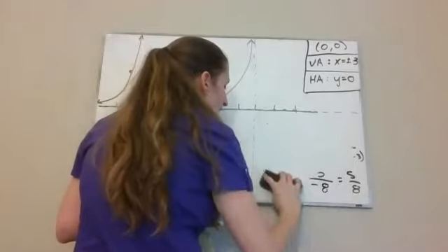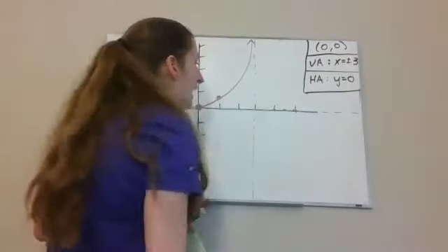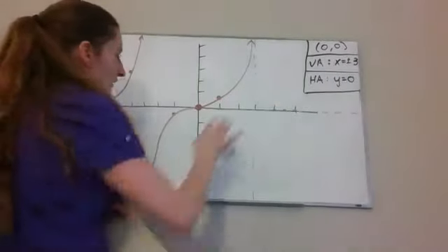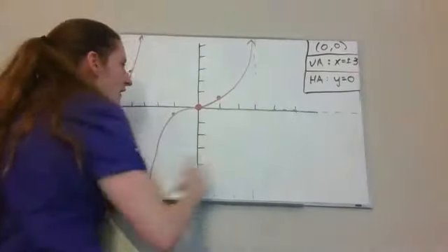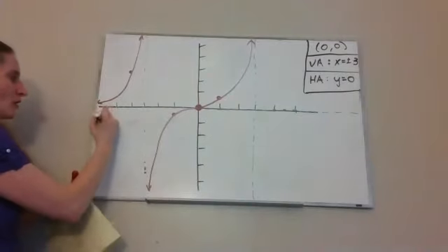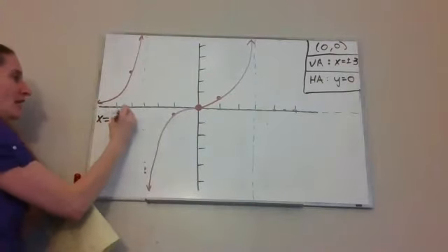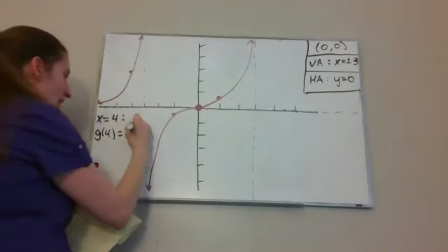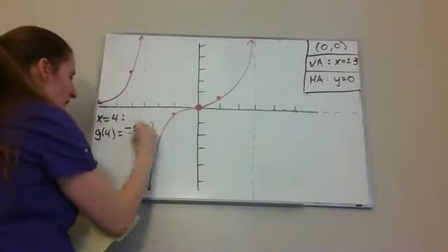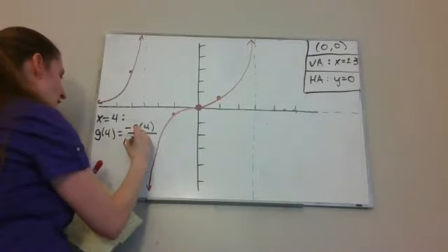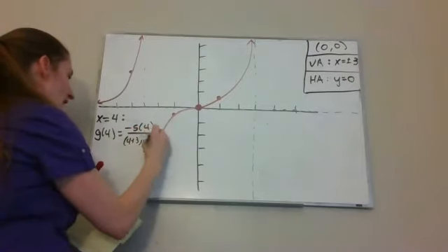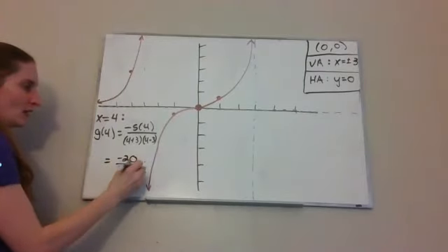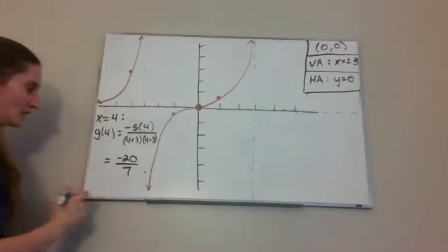So I have to pick something bigger than 3. I'll just use x equals 4. And since I'm going to be graphing somewhere over here, let me go back over here to do the work. If x is equal to 4, g of 4 will be -5 times 4 over (4 plus 3) times (4 minus 3). That's -20 over 7.